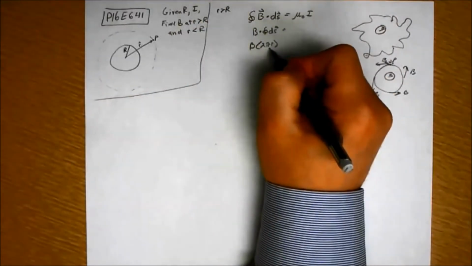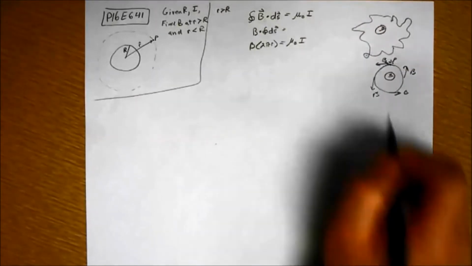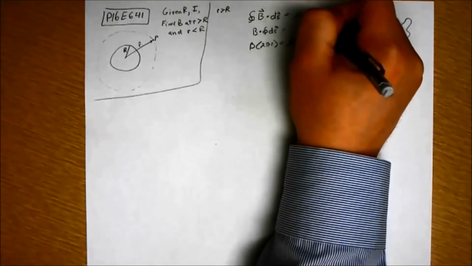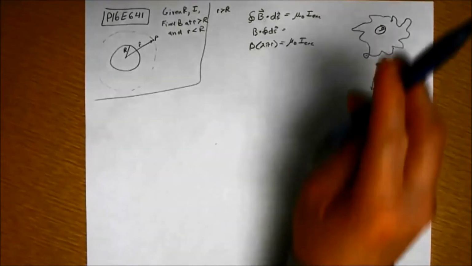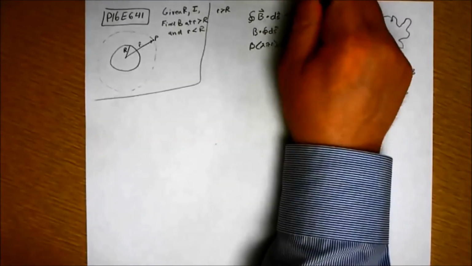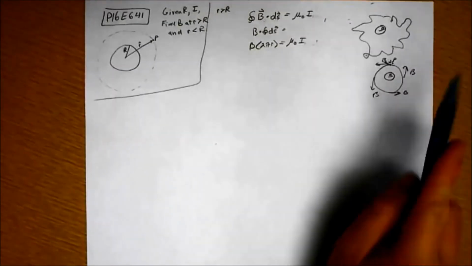So that is the circumference of the circle, and that just equals mu naught I. And I should say I enclosed, just to indicate that it's the current passing through this loop.